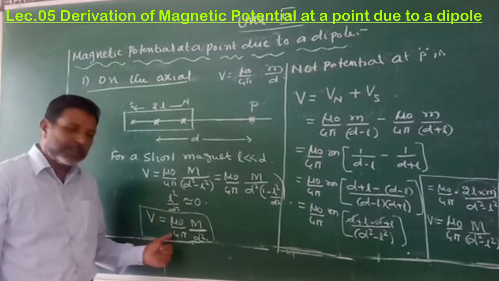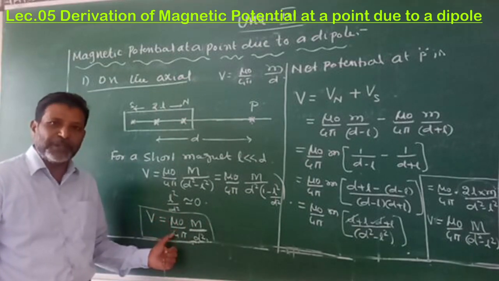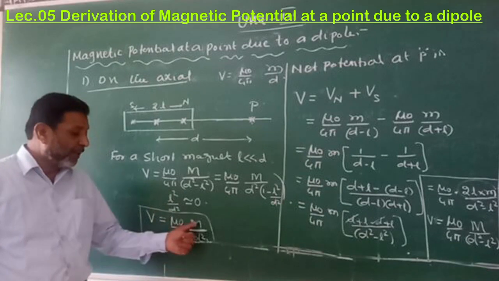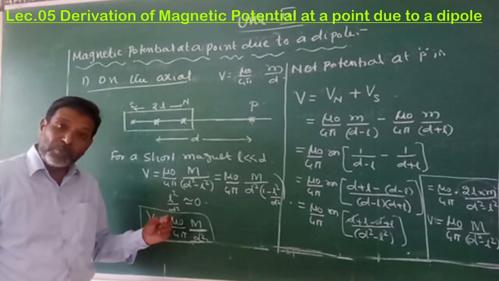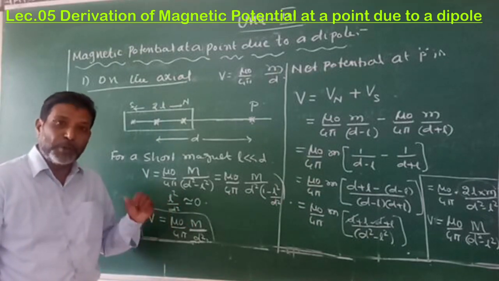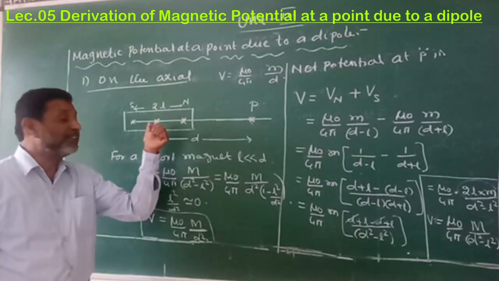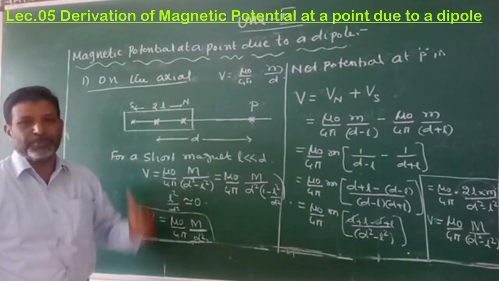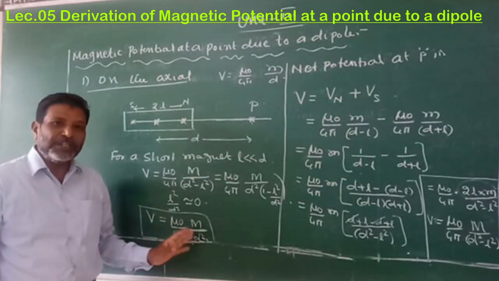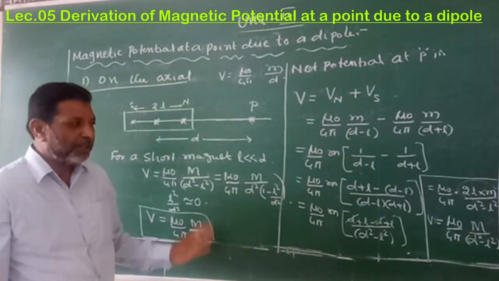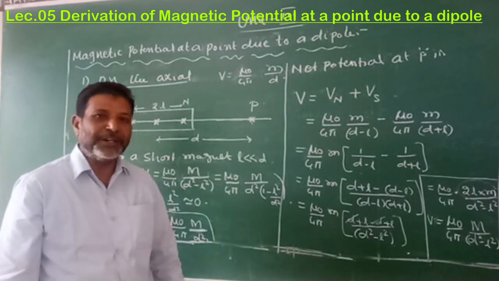The factors are: mu naught by 4 pi is a constant equal to 10 raised to minus 7, m is the magnetic moment of the dipole, and d is the distance of the point from the center of the dipole. By using this formula or that formula, you can calculate the magnetic potential.